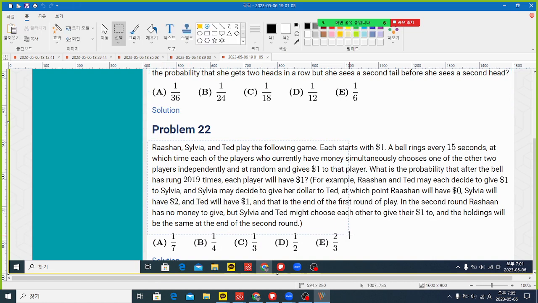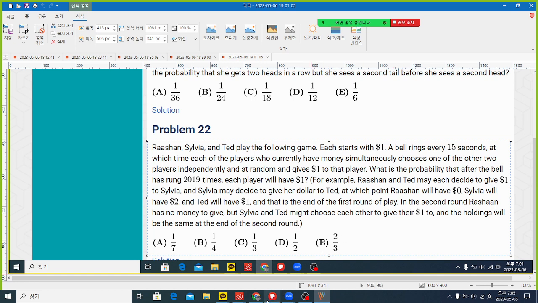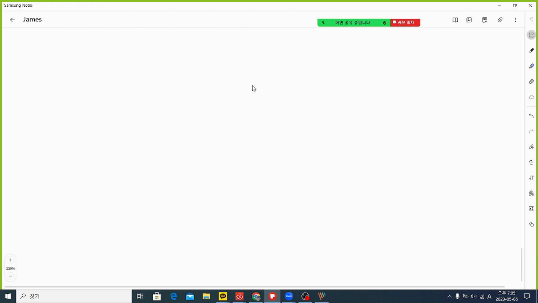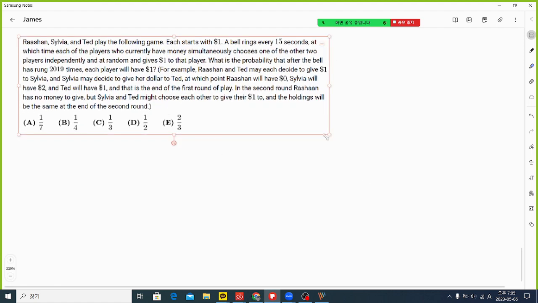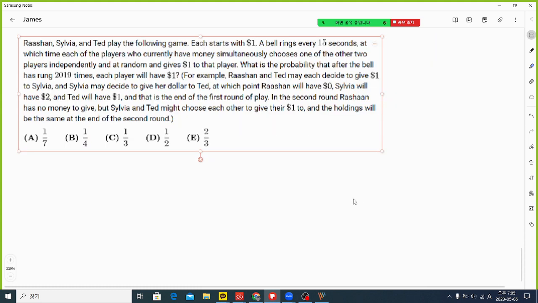This is another problem with the probability. So there are 3 people, and they start with $1 for each, and they always need to give away $1 to the other 2 people.